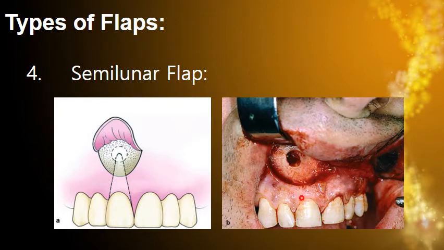The lowest point of the incision must be at least 0.5 centimeters from the gingival margin, so that the blood supply is not compromised for this thin strap of tissue.